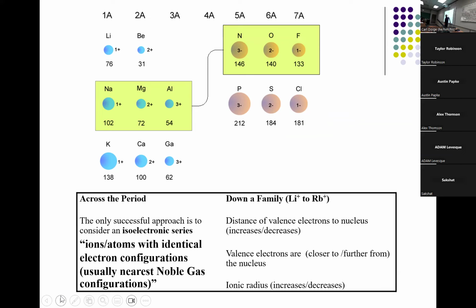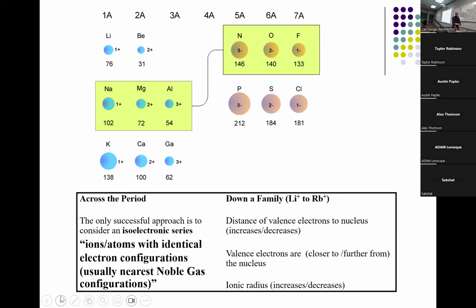One of the things we can say, though, and a trend that's related to the atomic radius, is that down the periodic table the ions will get larger. Just like the atoms, that's true. So we can start with this: down a family, the distance of the valence electrons to the nucleus increases.